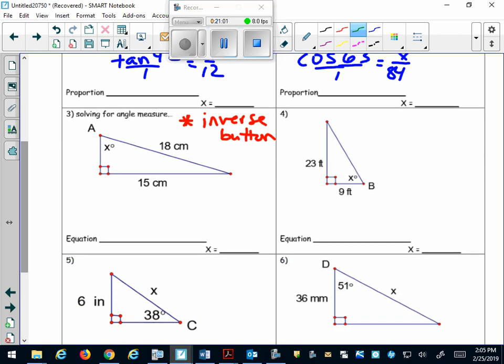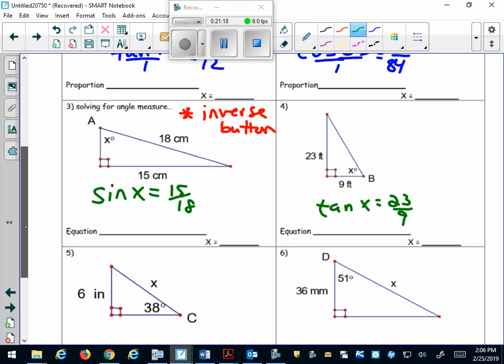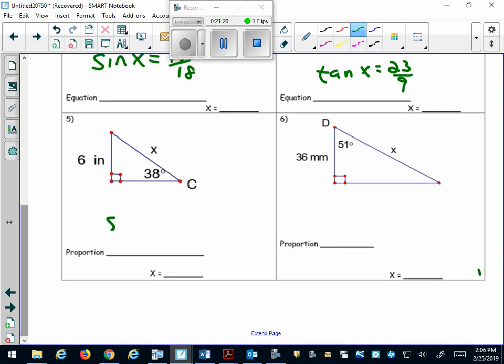Number 3 should have been sine of x equals 15 over 18. Remember, that's not a proportion, just an inverse button. And this is tan of x equals 23 over 9. This one should have been sine of 38 over 1 equals 6 over x.